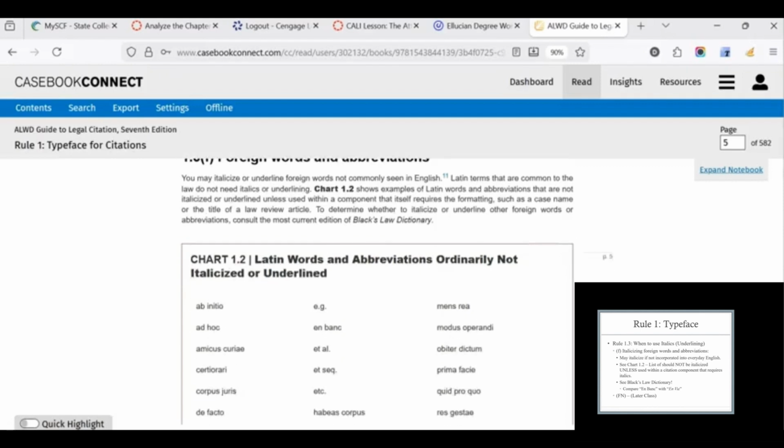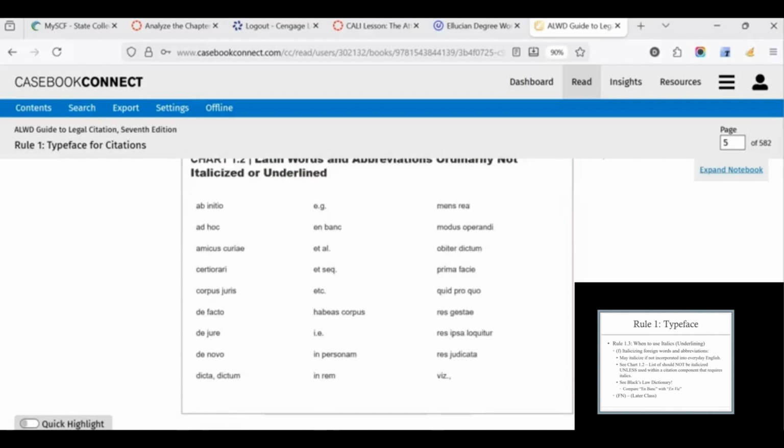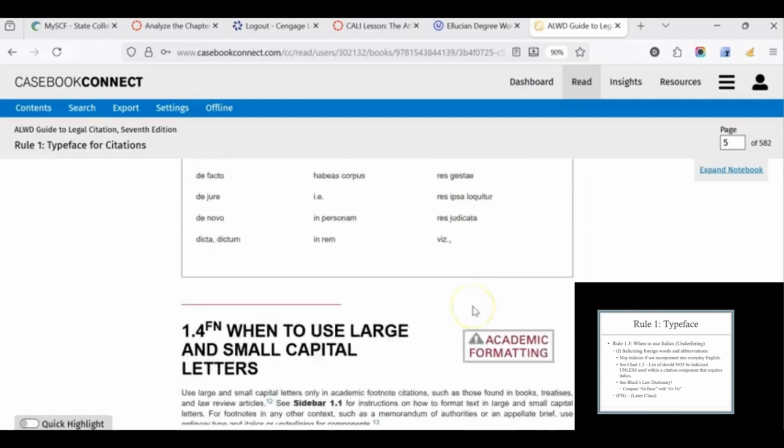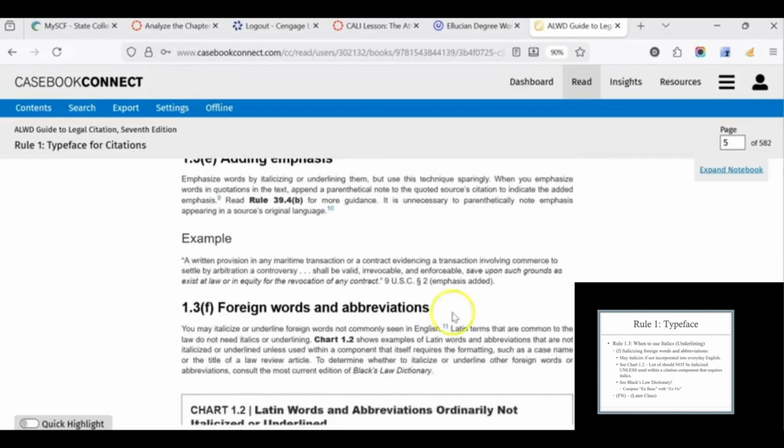Well, for those particular words in the chart, you do not have to italicize. But Rule F says that you have to italicize all the other words that are not listed in chart 1.2.